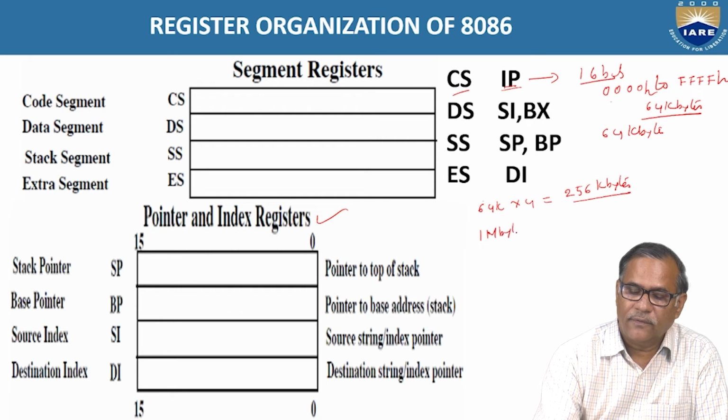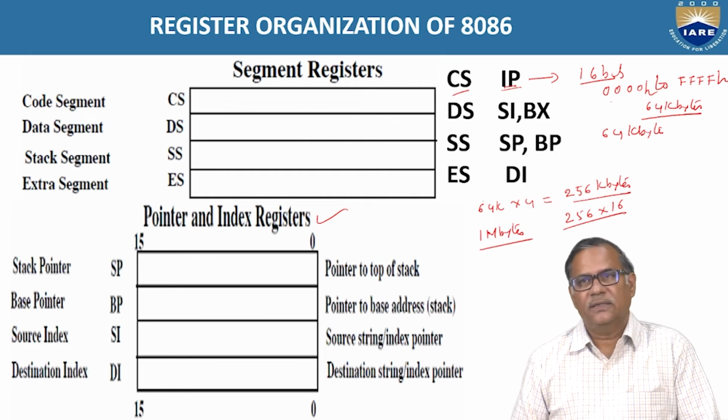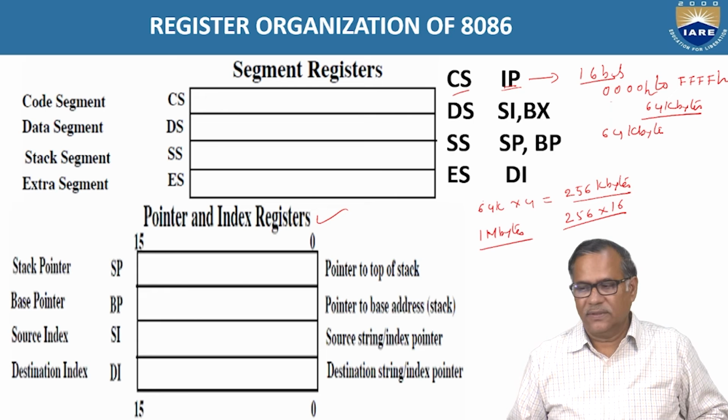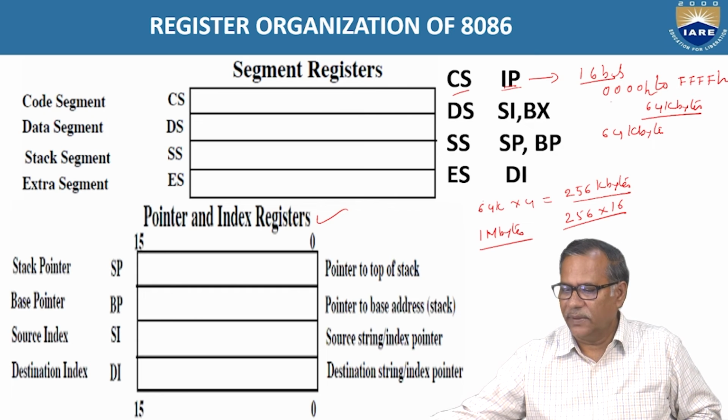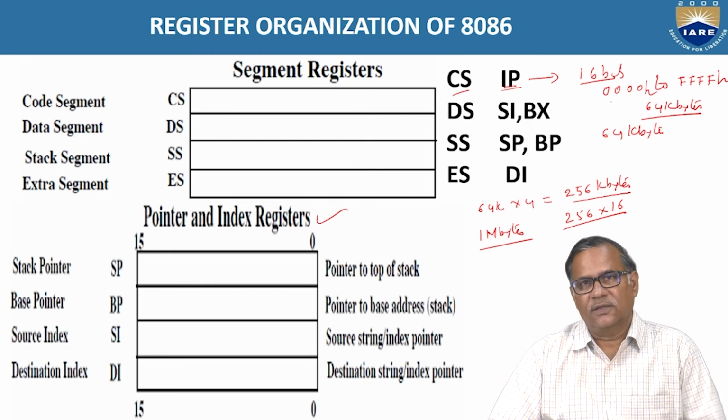Okay. So for 1 megabyte of memory, how many logical segments can you have? See, the maximum size of the segment is 64 kilobytes, but if your program is less, you can have lesser size also.